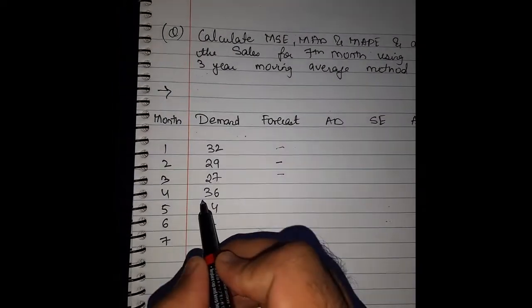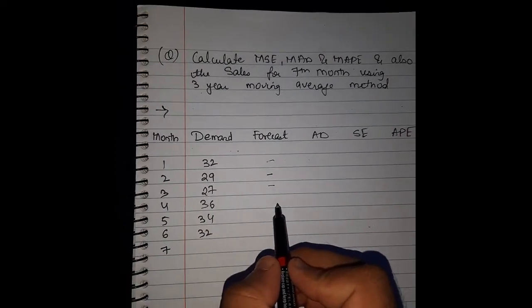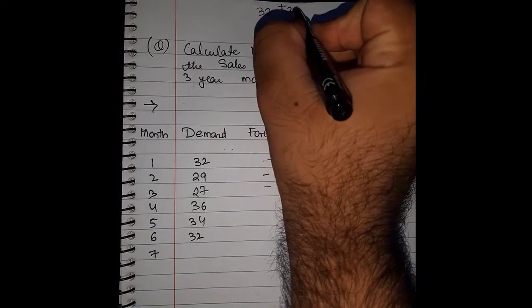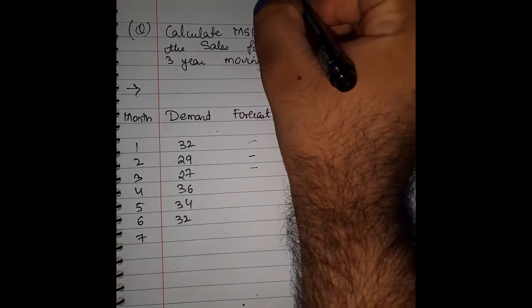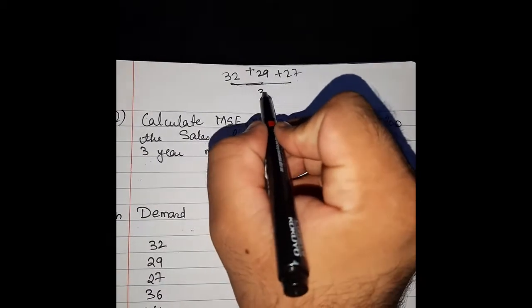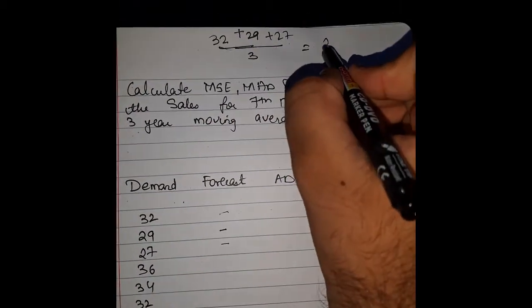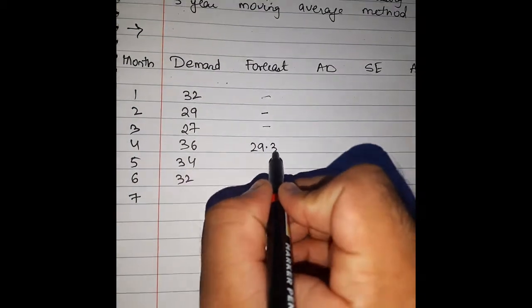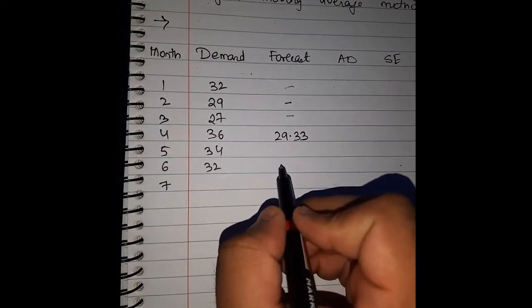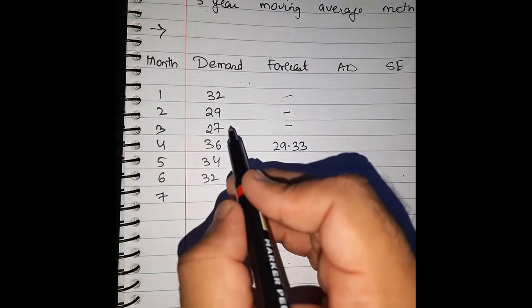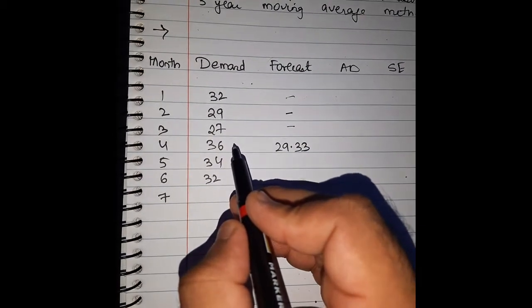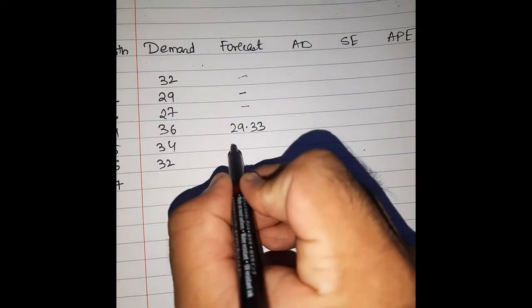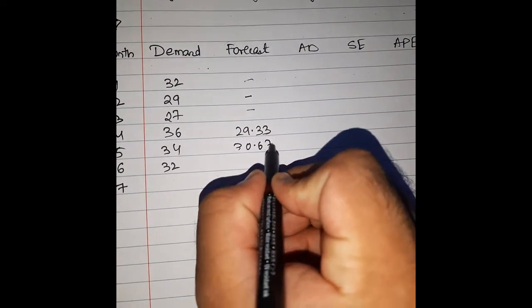So for the 4th year, the average of the first 3, 32 plus 29 plus 27, the whole divided by 3, will equal 29.33. For the 5th period, it will be 29 plus 27 plus 36, the whole divided by 3, which will be 30.67.